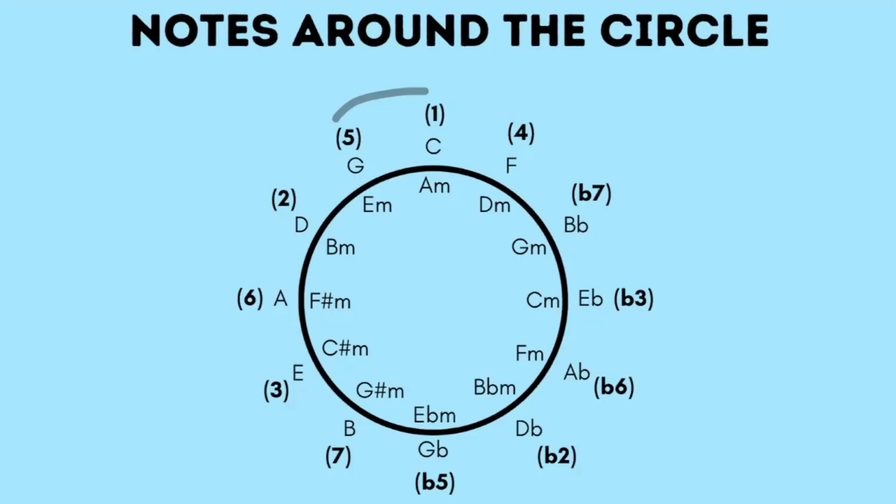I think you get that already from before. But just so you're clear, we're going to do it in C just so you have an easy understanding of it. So we have C. The five is to the left, as we discussed, and the four is to the right. These are the two most commonly used chords with C, and they sound the most common.